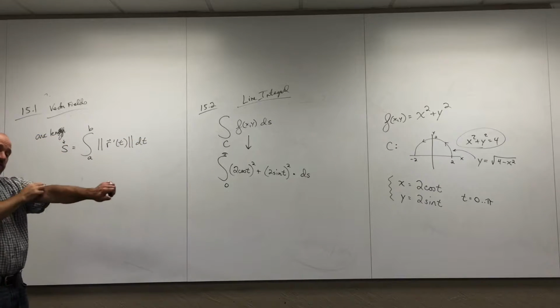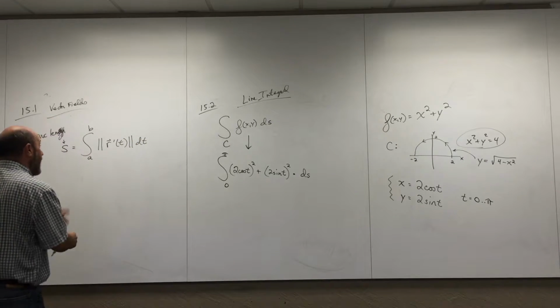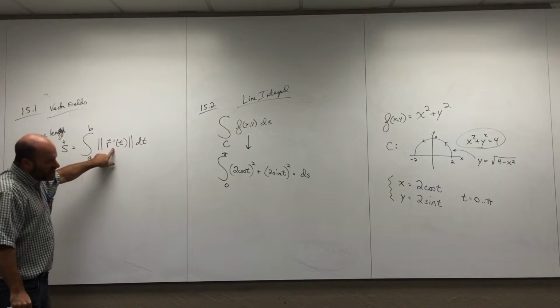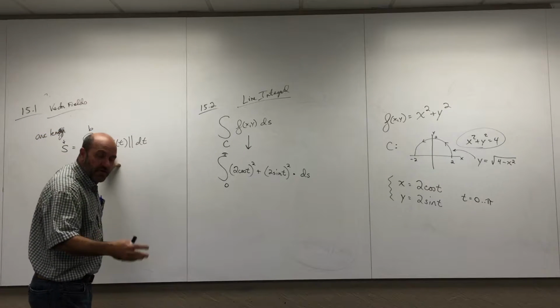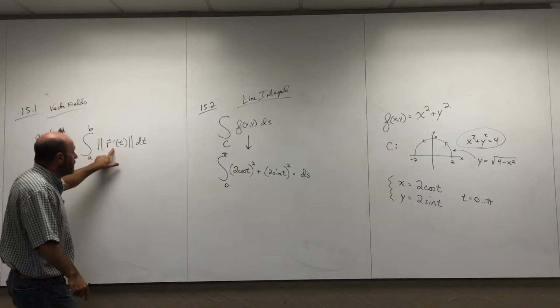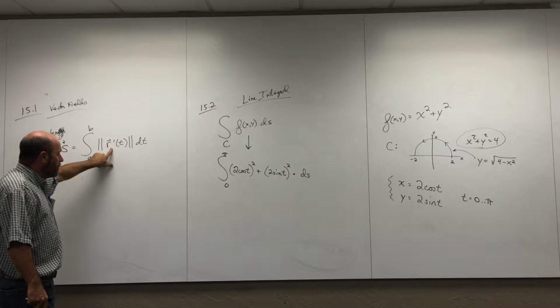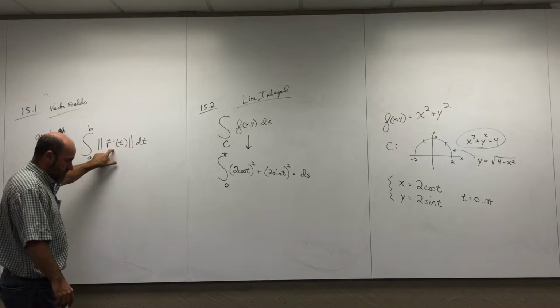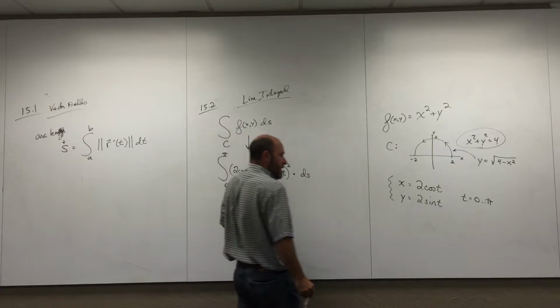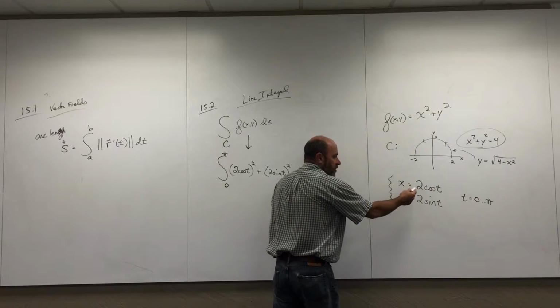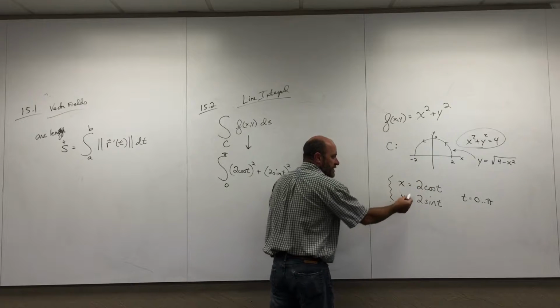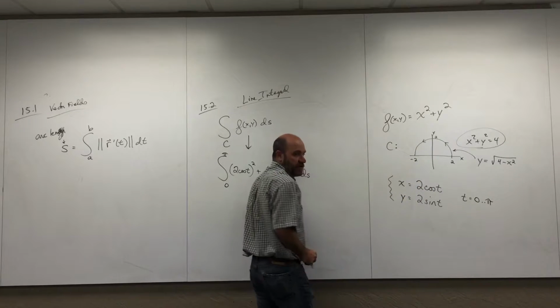Okay, so this was back when we were studying vector-valued functions, which were very similar to parameterizations. This is a parameterization of a curve: x equals 2 cos t, y equals 2 sine t. There's a picture of the curve.